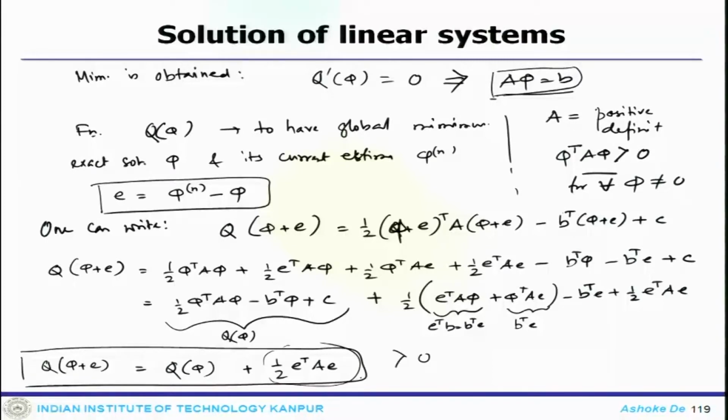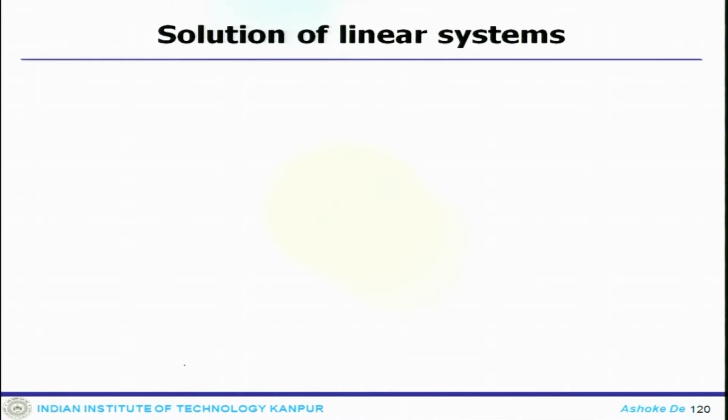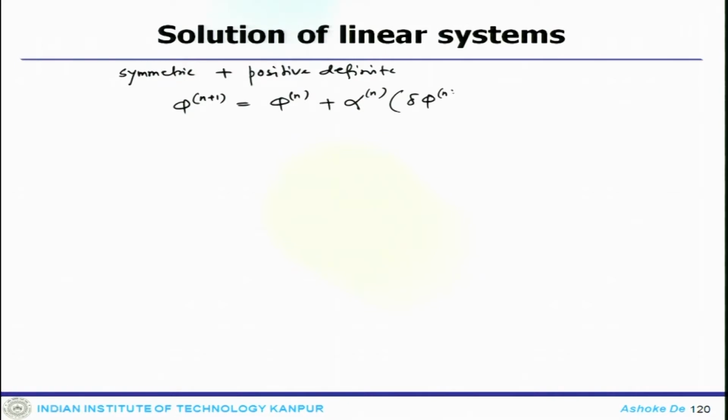Furthermore, one can see that A is positive definite and all the eigenvalues are positive, and the function q phi has a unique minimum. So, using both these properties, symmetric and positive definite, the convergence criterion for phi at the n plus 1 level would be phi n plus alpha n delta phi n.